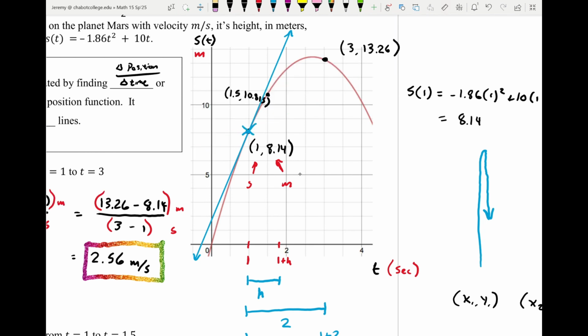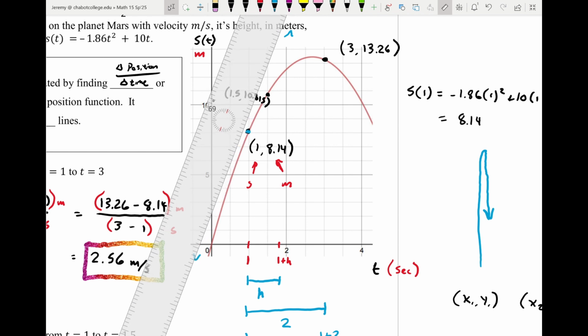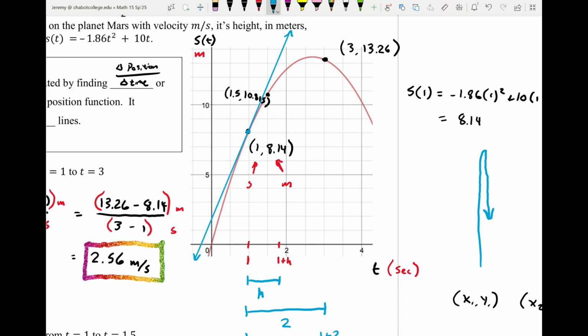So in order to achieve this really unique situation, I redraw my tangent line here. We need the line that we draw to have the exact same slope that the graph does at this particular point, in this case at t equals 1. So this is what we call a tangent line.